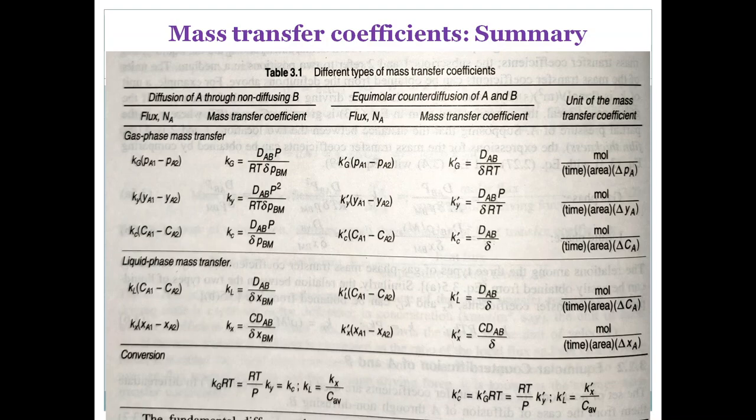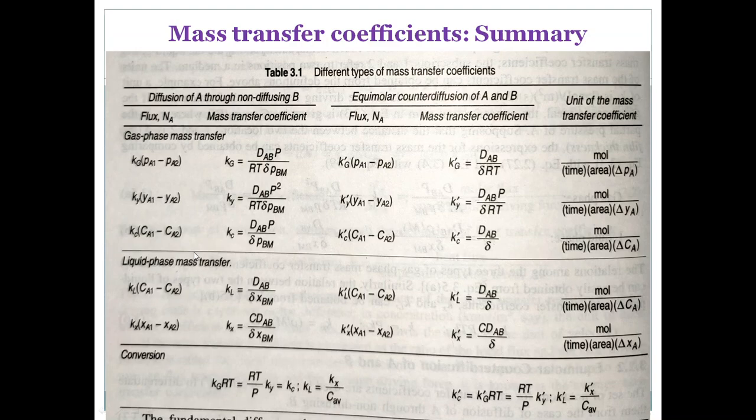Here I am telling you about the mass transfer coefficient. Sometimes Kg, Ky, Kc will not be told explicitly, but you have to understand it from its units.